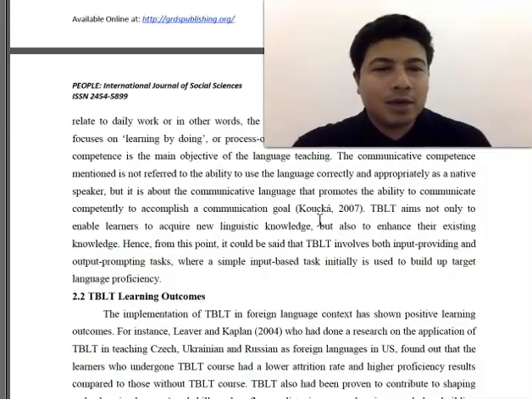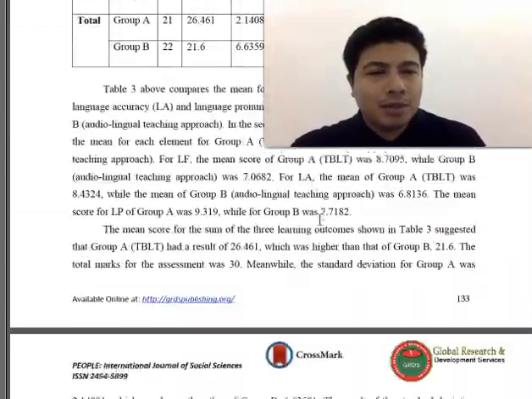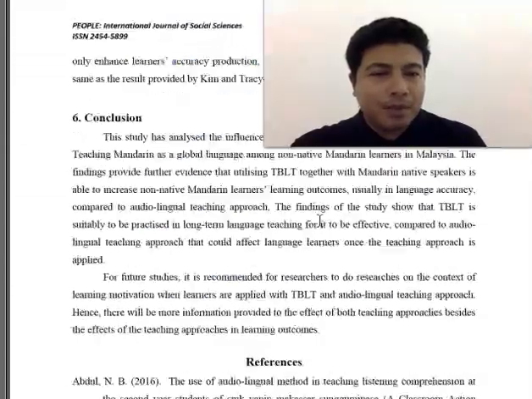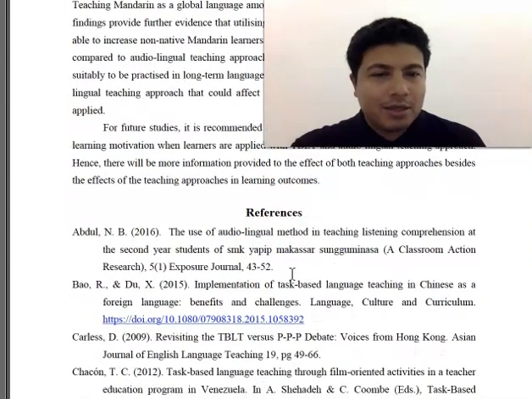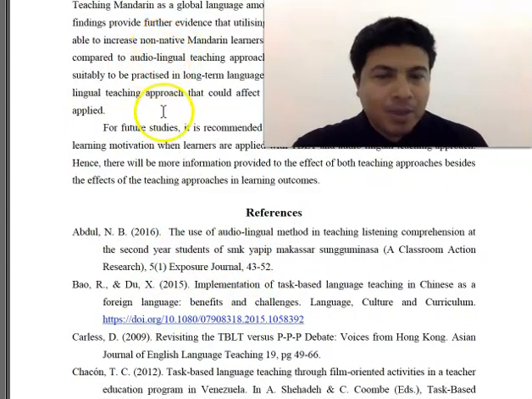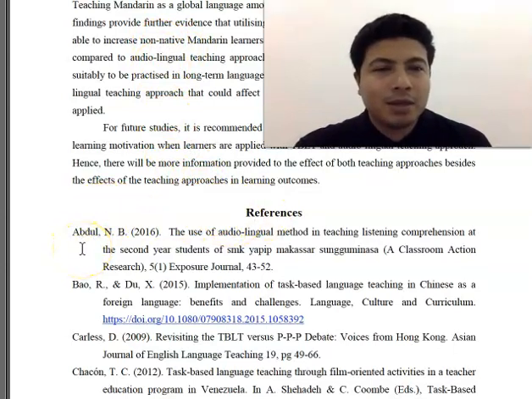So at the end of your essay, what you need to do is put the list of the references like this. We can see there are a lot of references from the citations that we have in the writing. And the references have to be in alphabetical order.